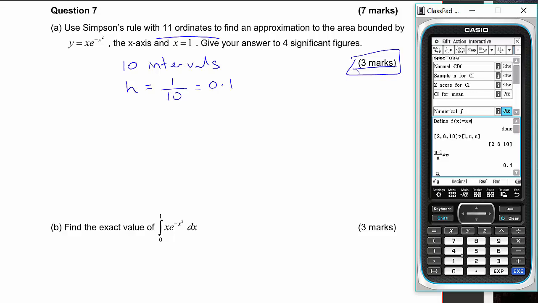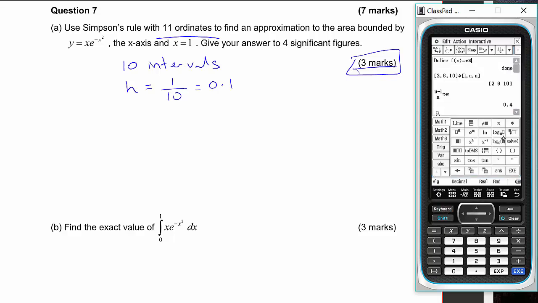So I've got x multiplied by e to the negative x squared. And I'm going to put that in a bracket just to make sure everything is nice and tidy. And okay, and then we're going 0 to 1 with 10 intervals. I've already got 10 intervals in there, so that's all good, and that should just scroll itself down to the bottom now.